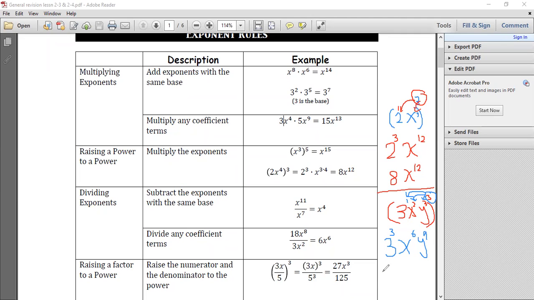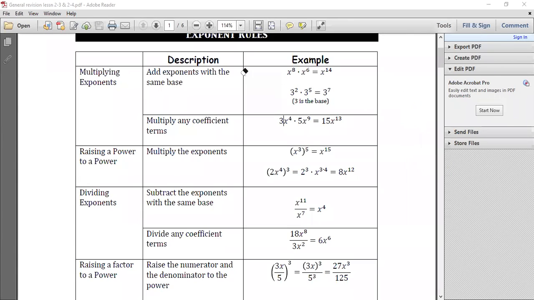It will be 27 x to the power of 6 y to the power of 9. Did you understand this part, my dear students? Okay. Let's move to the next question.